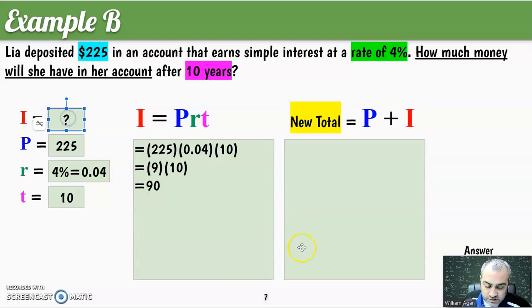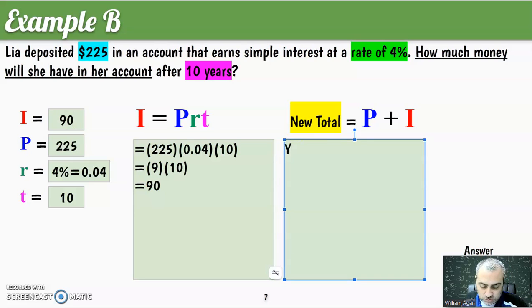Okay, but now that we know our interest, I'm going to come over here and put 90. Okay, so our new total. What we need to find now, our total, is going to equal the principal, which is 225, plus the amount that she earned in interest, which is 90. Whoa, I'm sorry, not times. Plus, we are just adding here.